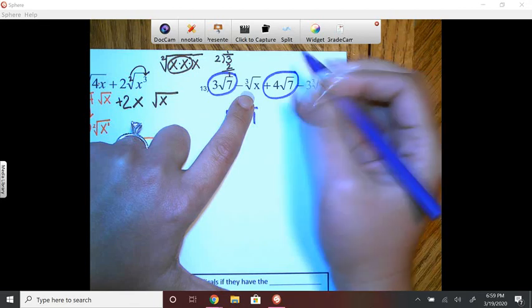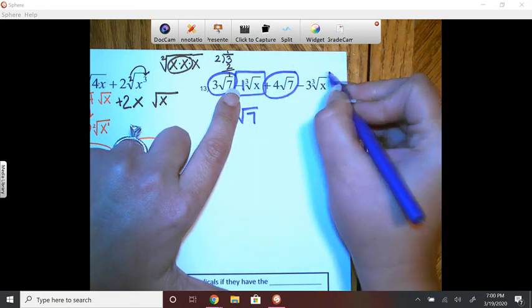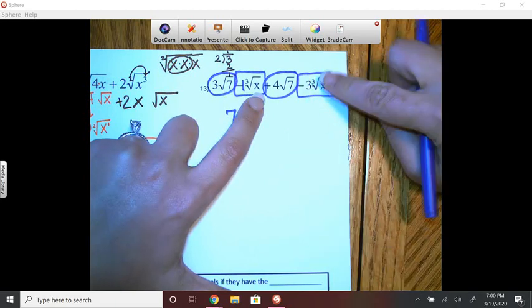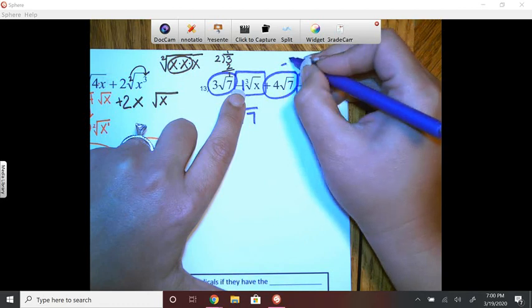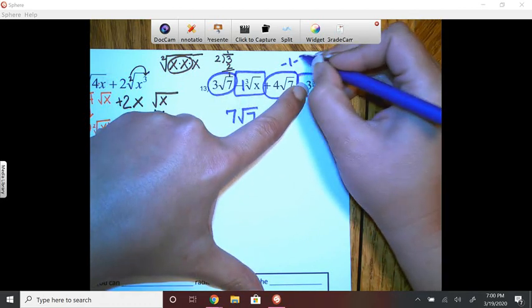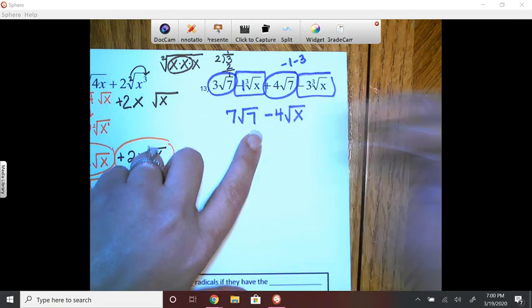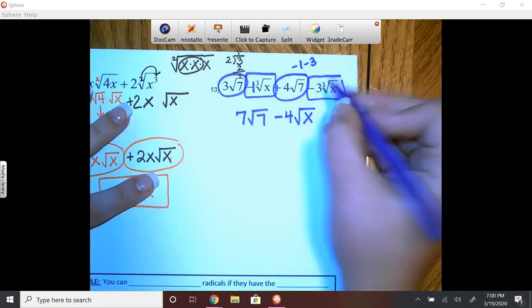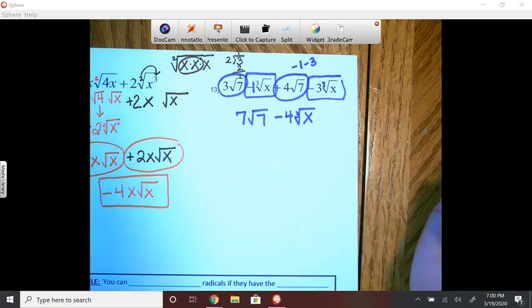And then here we can combine a negative 1 and a negative 3 because the radical parts are both cube root x's. So we would do negative 1 minus 3, which is negative 4 rad x. So it's a cube root though, so we need to make sure the cube root remains there.